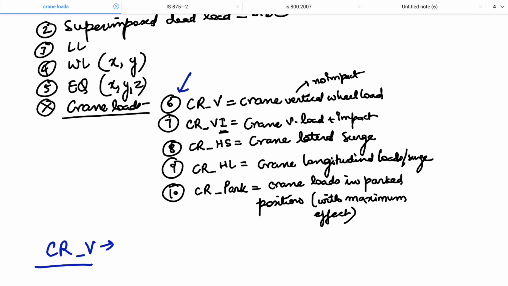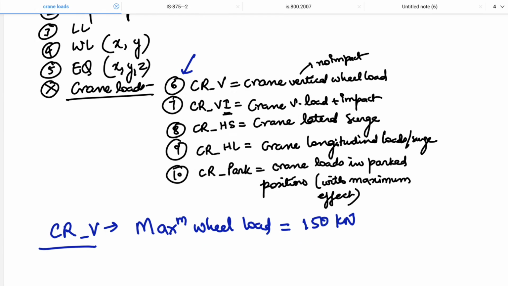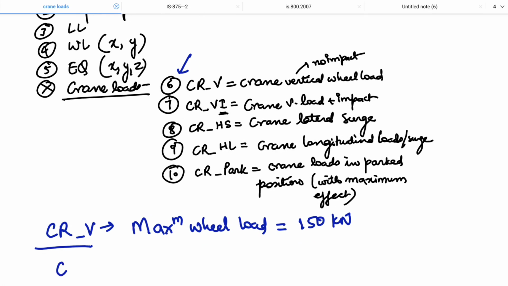One of them is maximum wheel load. So maximum wheel load is CRV. We can assume this value as say 150 kilonewton. Then we have CRVI.